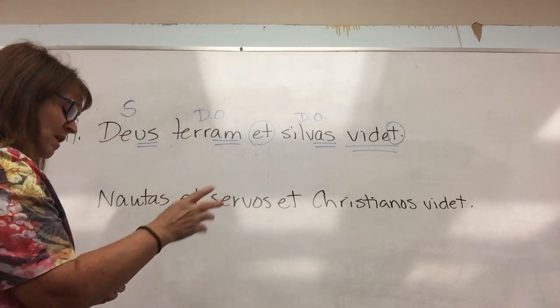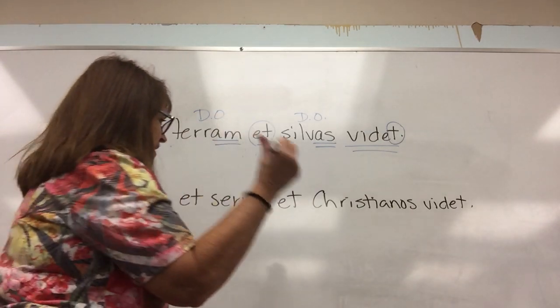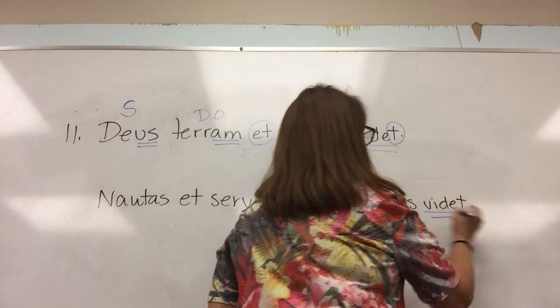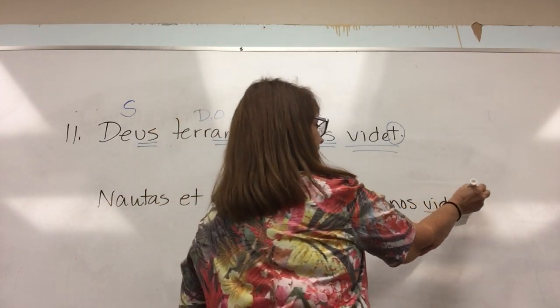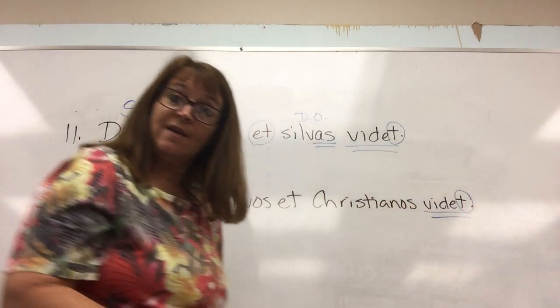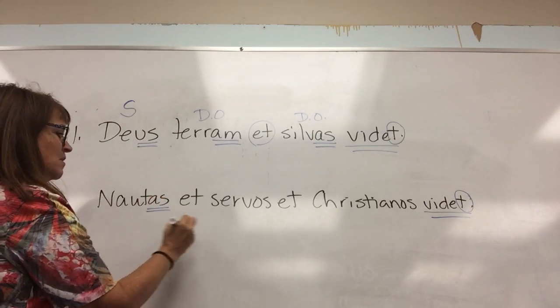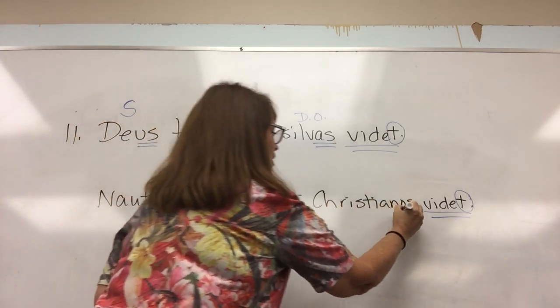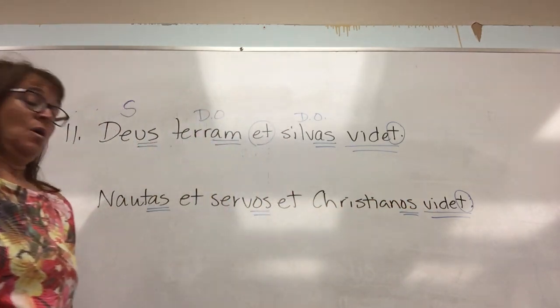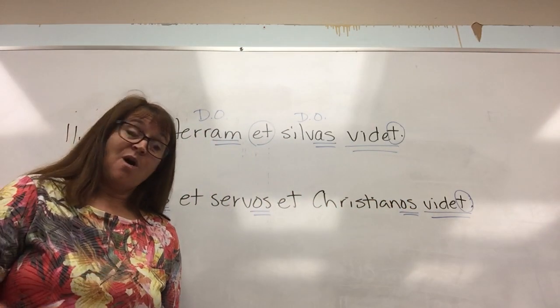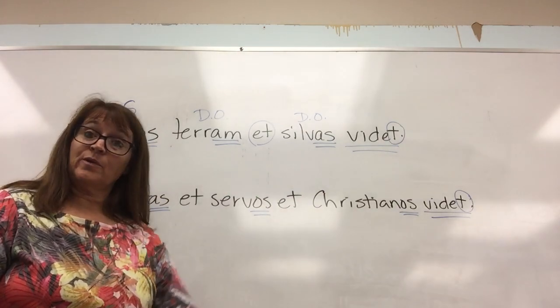Okay, now, second sentence, going right to that verb. Okay, so it also ends in a T. So we're looking for a singular subject. So let's look at these endings. Os, os, os. Well, first of all, those are all plural.